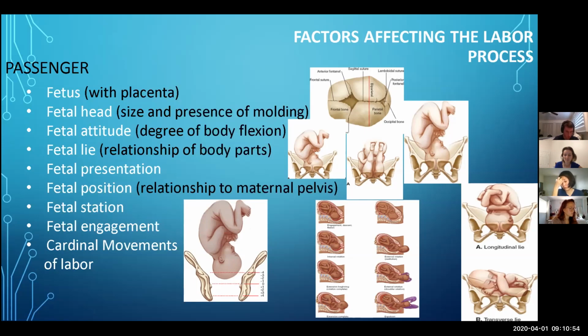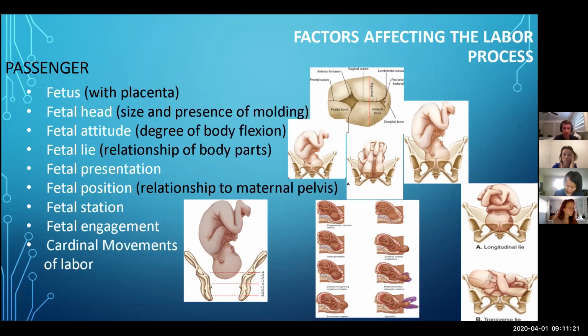The fetal lie is the relationship of the long axis, the spine of the fetus, to the long axis or spine of the mother. It's referred to as longitudinal, transverse, and oblique. Longitudinal is when the maternal and fetal spines are parallel to one another. That's what we really want to see. They're nice and parallel. Transverse is when the long axis of the fetus is perpendicular to the long axis of the mother.